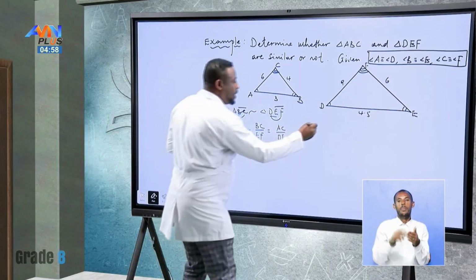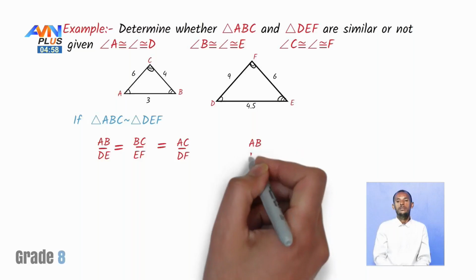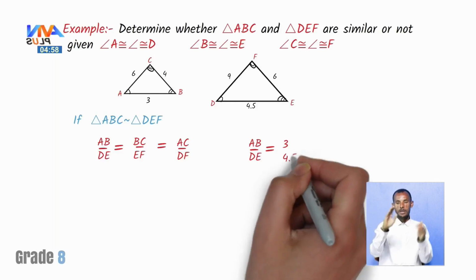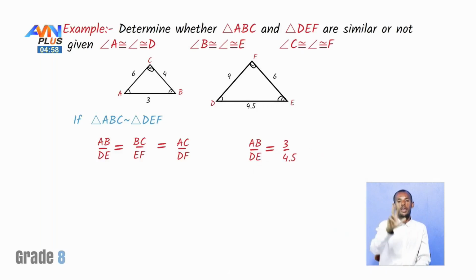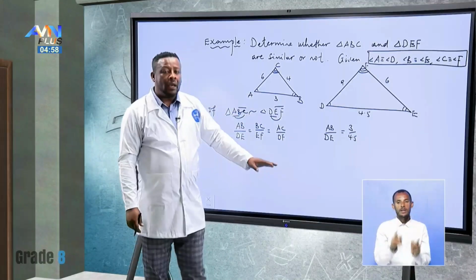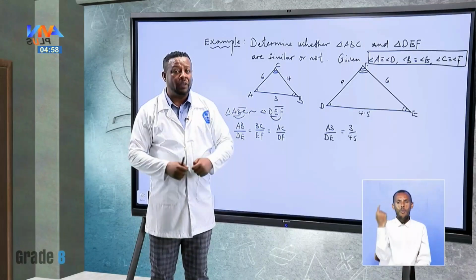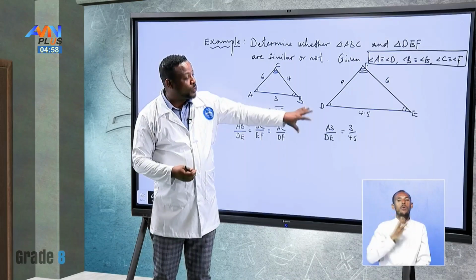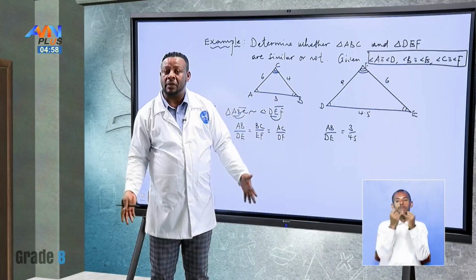What's AB over DE? AB is given as 3 and DE is 4.5. It is always good if we are able to simplify the given numbers.